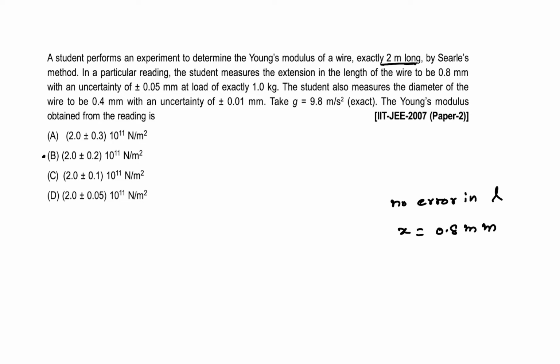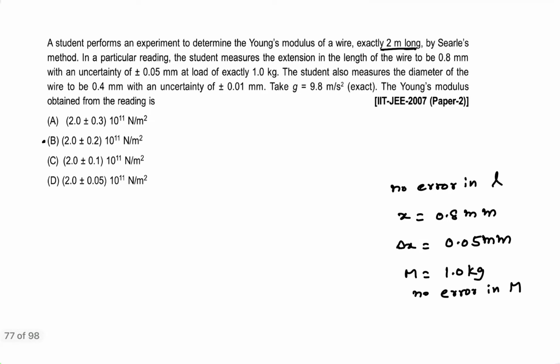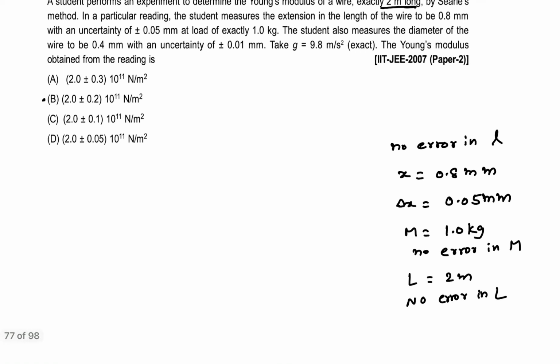In a particular reading, the student measures the extension in the length of the wire, x equal to 0.8 millimeter, with uncertainty delta x given as 0.05 millimeters. The load is given exactly, mass is equal to 1.0 kg, no error in M. And L is equal to 2 meter long, no error in L.